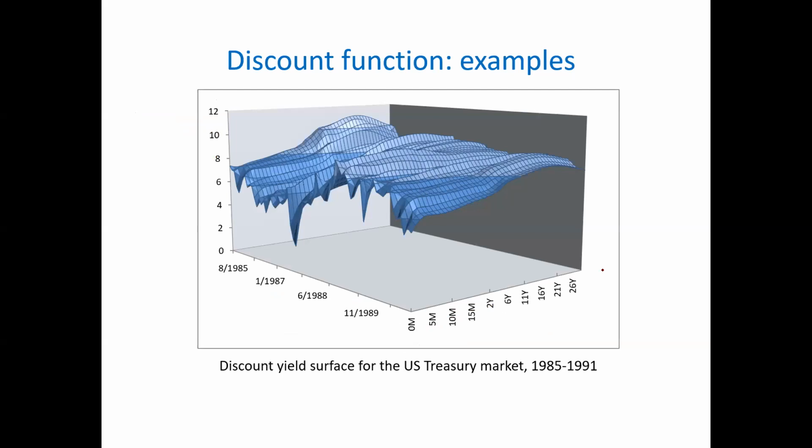So tell me please, again, here we have dates, here we have maturities. If we take a slice along this axis, what will we get as a result?